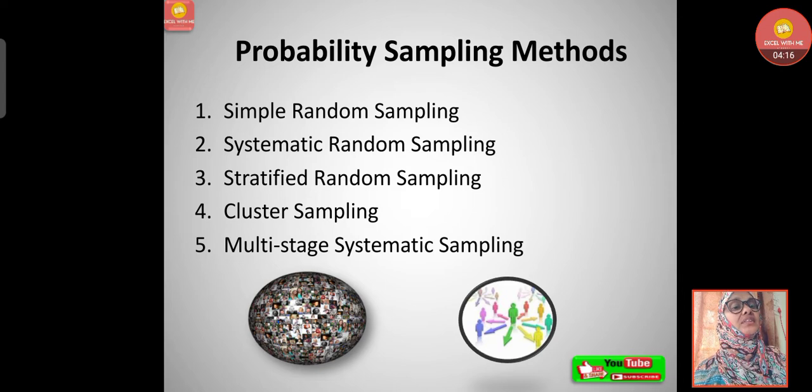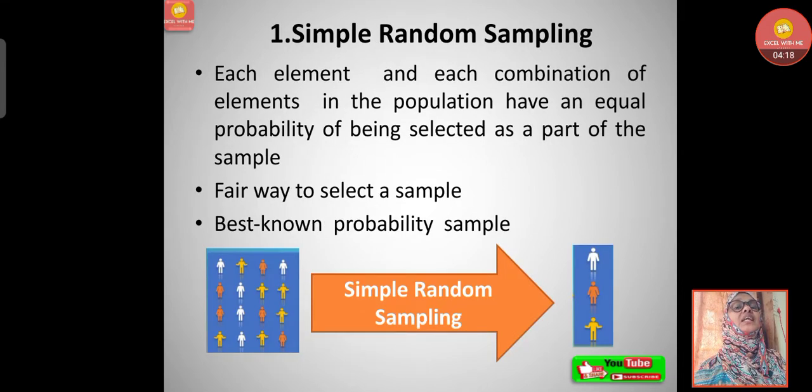Let's understand all these sampling methods in detail. First one, simple random sampling, that is, each element and each combination of elements in the population have an equal probability of being selected as a part of the sample. That is, there is no judgment or just picking up.